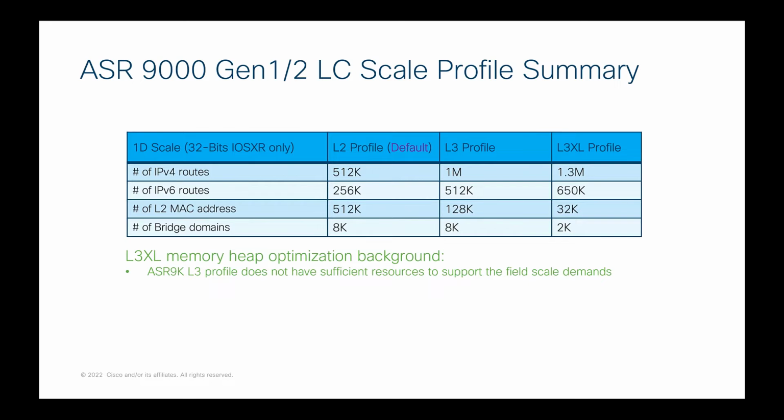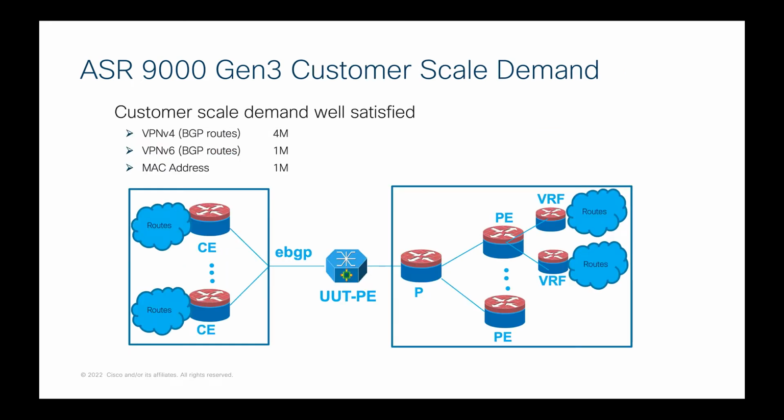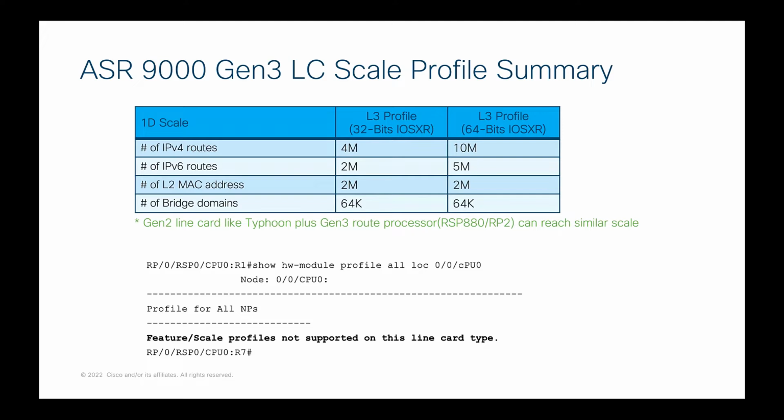Okay, let's move on to the ASR 9000 generation 3, which is the Tomahawk. This is a luxury-built system. And as you see, customer demand is increasing. They're looking for 4 million Layer 3 FIB table support, IPv6 looking for 1 million support, and also the MAC table at 1 million. Generation 3 Tomahawk is well built.